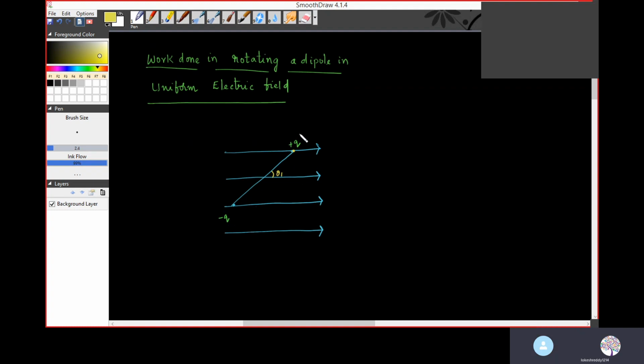It is trying to move clockwise, so against this you move it in the anti-clockwise direction. You push it from here to here.